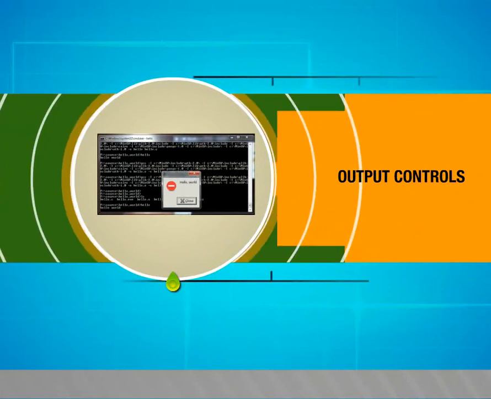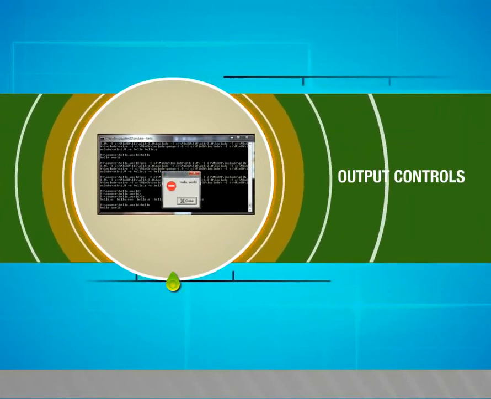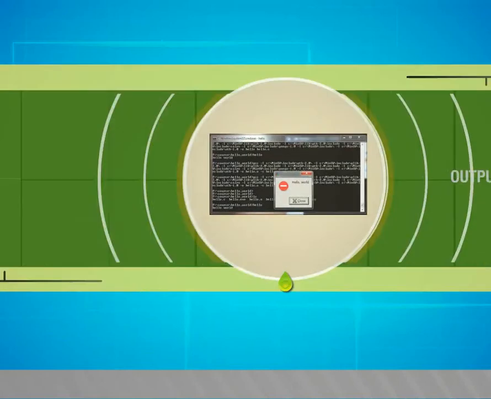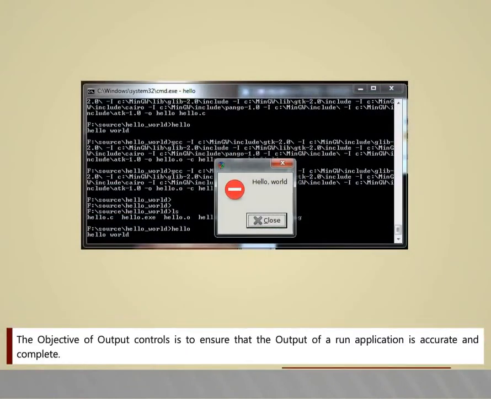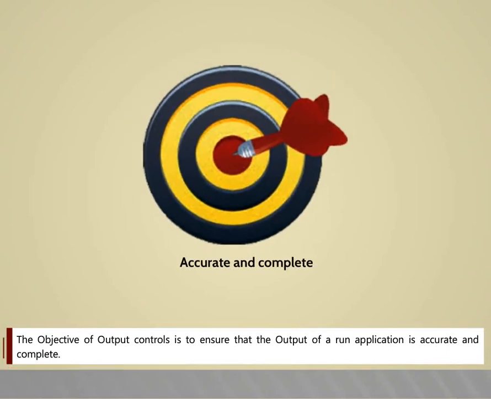Output controls. In this video, we are going to see about output controls. The objective of output controls is to ensure that the output of a run application is accurate and complete.